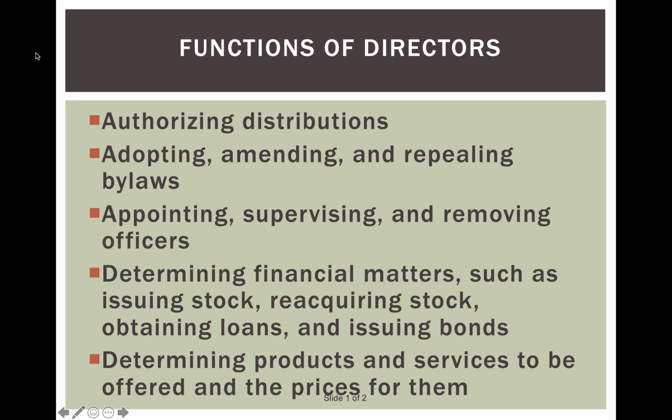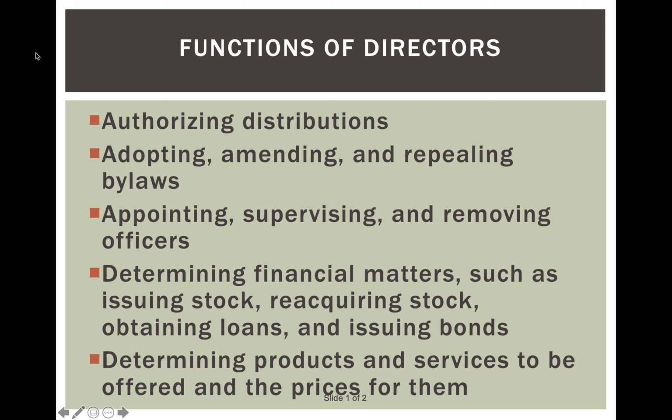So what do directors do? What do the folks on a board for a corporation do? Well, they vote to authorize distributions. They might be responsible for adopting, amending, and repealing bylaws.